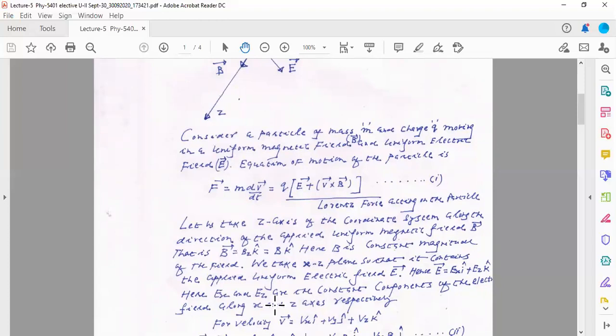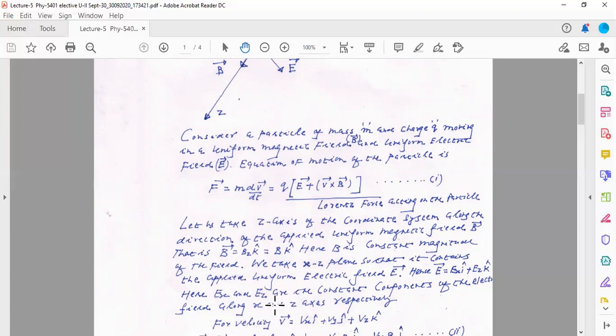When there is only a uniform magnetic field, we found that the parallel component of the particle velocity is not at all affected, and it is moving with a constant velocity, and the perpendicular component of the particle velocity is affected, and because of that there is a circular motion of the particle in the xy plane. And there is a motion along the z direction because the particle has some initial velocity component along the z direction, so you will have the helical path.